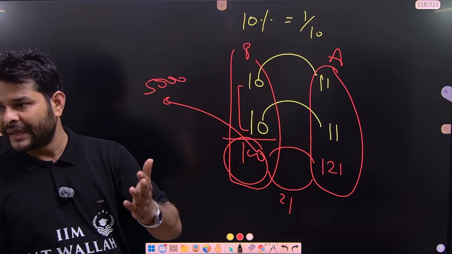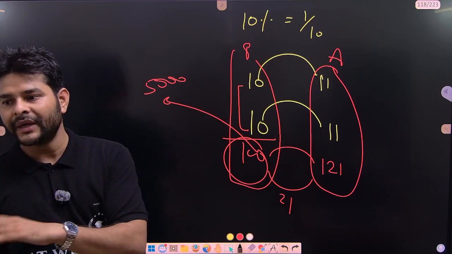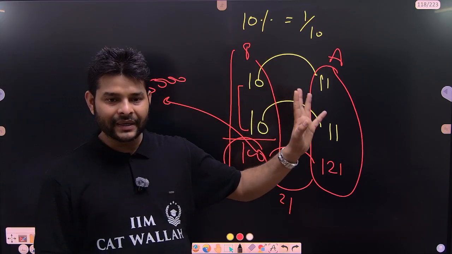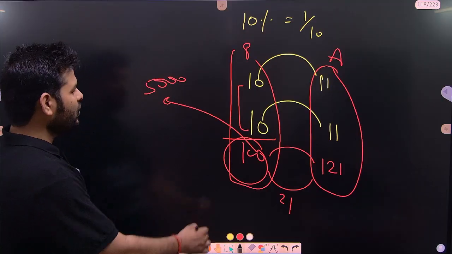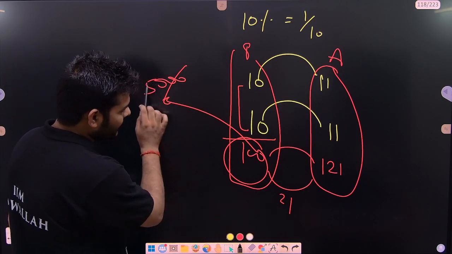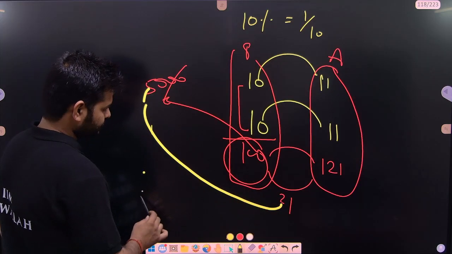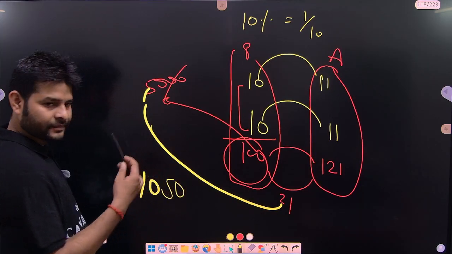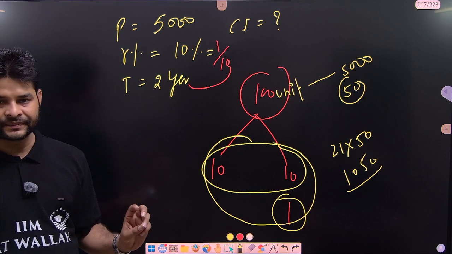SI is equal to P into R into T upon 100. This is the only way to calculate SI. But this method can be plugged in on CI. So 1 unit value again would be 50, and 50 into 21, you again will get 1050. So the answer, guys, is the same, 1050. But the process is completely changed.